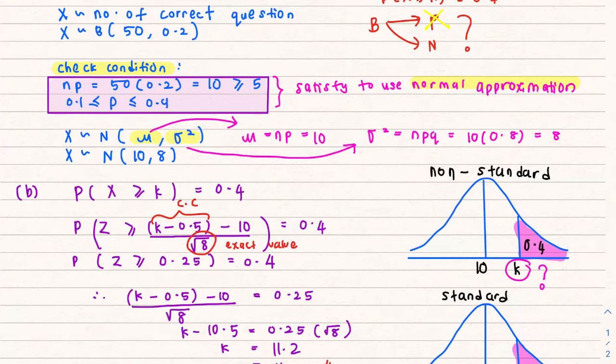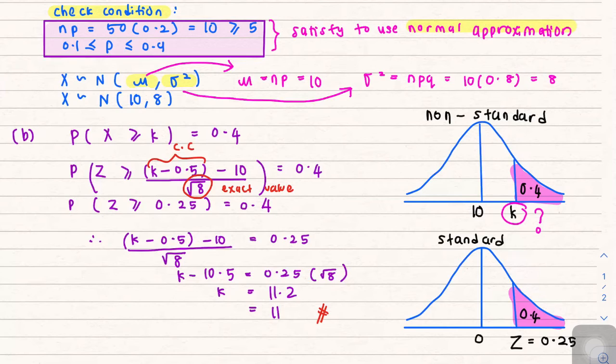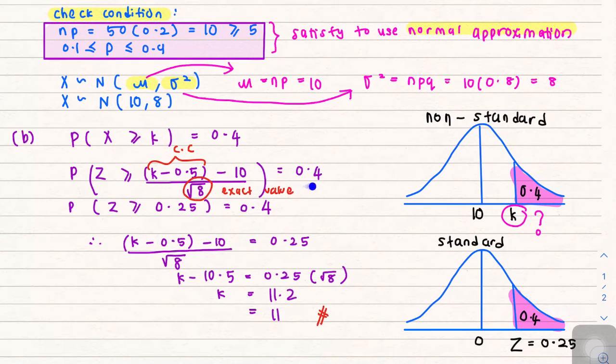If you press your calculator, square root of 8 is 2.828427125 and then something. You have continuous decimal places. And then don't just write 2.82 because later on you will have the wrong value for the z. So always have the exact value for the sigma. So just write square root of 8 and then this one is equal to 0.4.